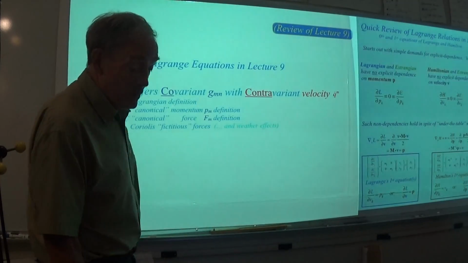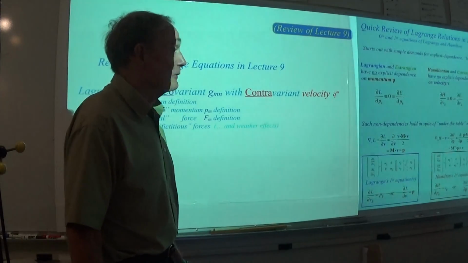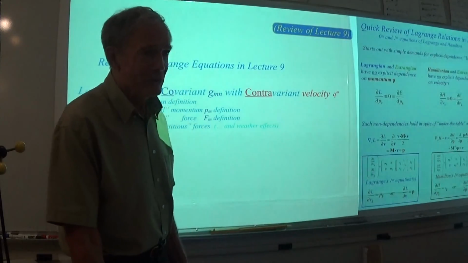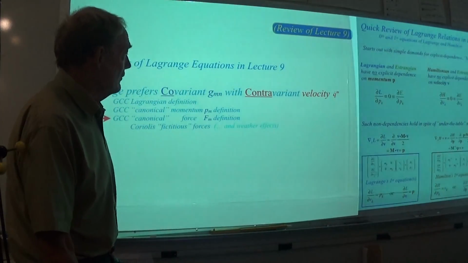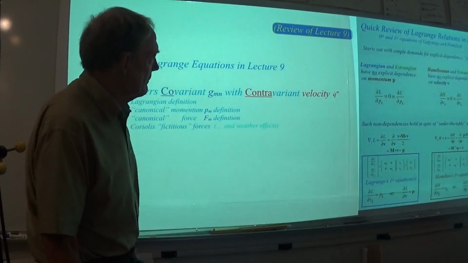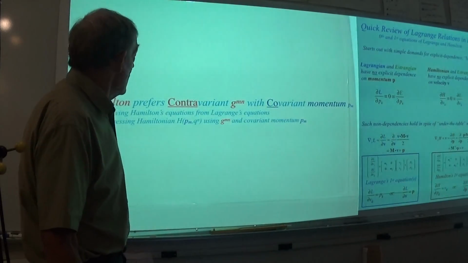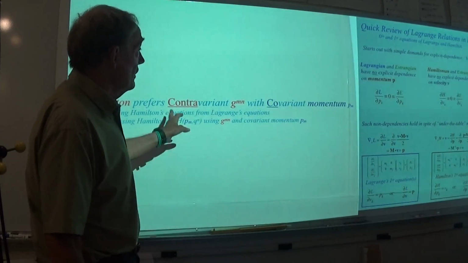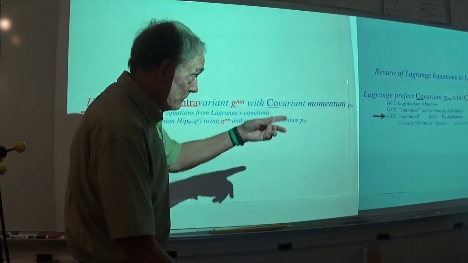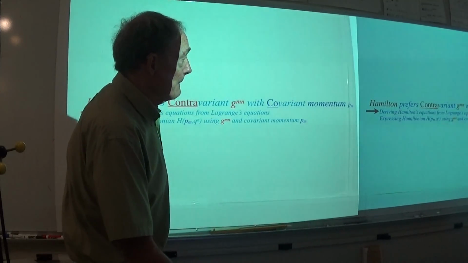Now this GCC was developed by a completely different part of the world. The German approach, Riemann and Gauss are responsible for that. Lagrange hadn't quite caught up with that, and so Lagrange didn't take advantage of it, to his disadvantage. Okay, now Hamilton, as I say, is the topic of today, and we will be comparing them.